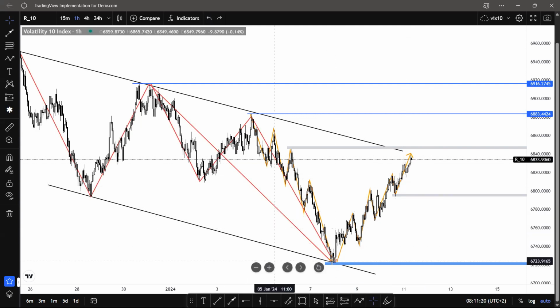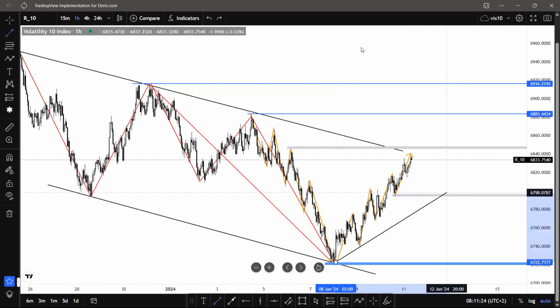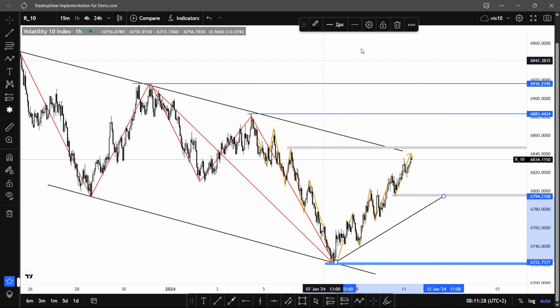And then just for that last confirmation, you can go ahead and use a trend line if you want. You can see here, this is another confluence, to say that the price going all the way here is also going to test this support and resistance, and also potentially test this area of the trend line.